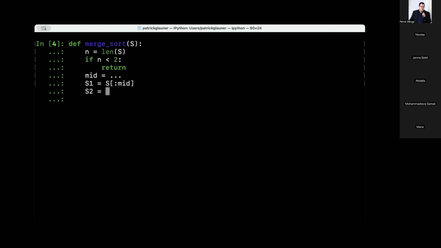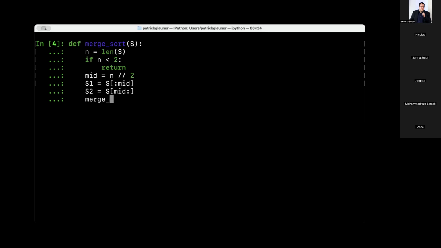And S2 is everything as of mid. We could put in n, but you can also just leave it out, and it takes all the elements as of mid. Mid is the upper boundary that is excluded for S1, so everything before mid is taken, and here everything as of mid, where mid is included. The middle index is just n divided by 2, and remember, we want an integer division in Python.